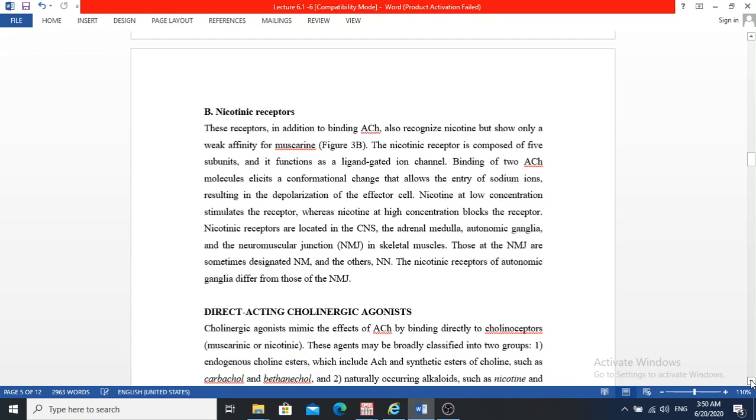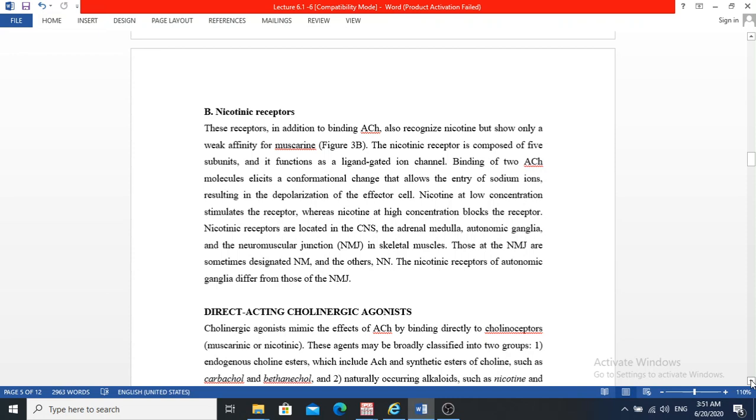Nicotinic receptors also recognize acetylcholine and nicotine, but muscarinic receptors show only a weak affinity for nicotine, as in the picture.